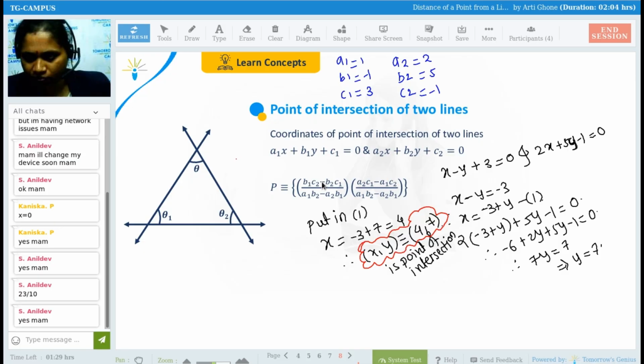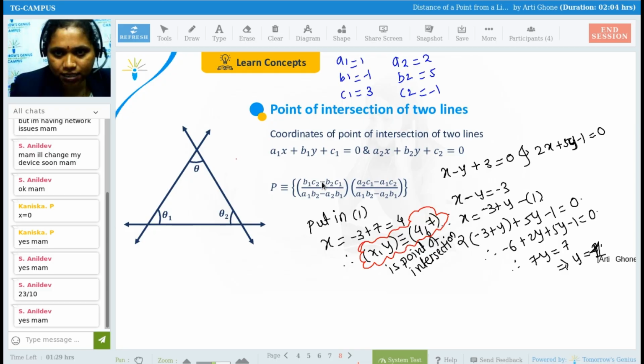The value of y will be 1 now, ma'am. What? The value of y will be 1 now, ma'am. Sorry. So it will be taken as one. Thank you, Kanishka, for that. Whatever it is, the methodology is clear. It's just a solving mistake. So it is coming 1. So put y as 1. What will I get then? Minus y, minus 3 plus y. So it is minus 3 plus 1.